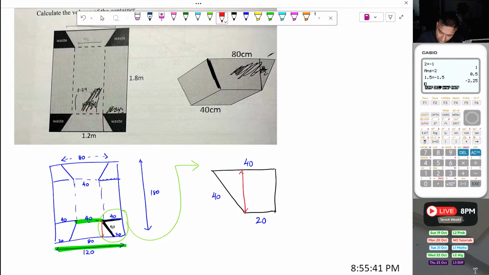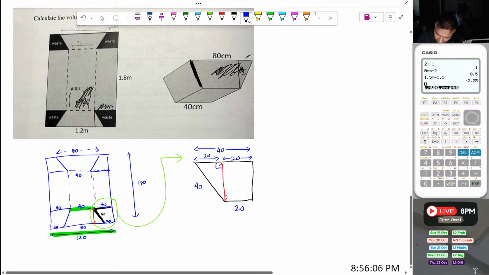Now, because I've already got 40 at the top, and 20 is from here to here, this part has to be 20 as well. So what I've got here is a right angle triangle, and the red line I'm looking at, I'm going to call it B for now.